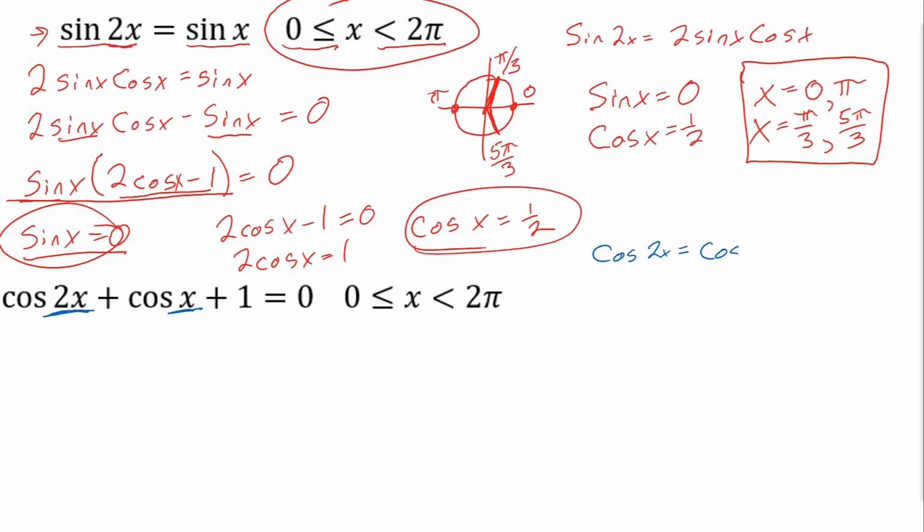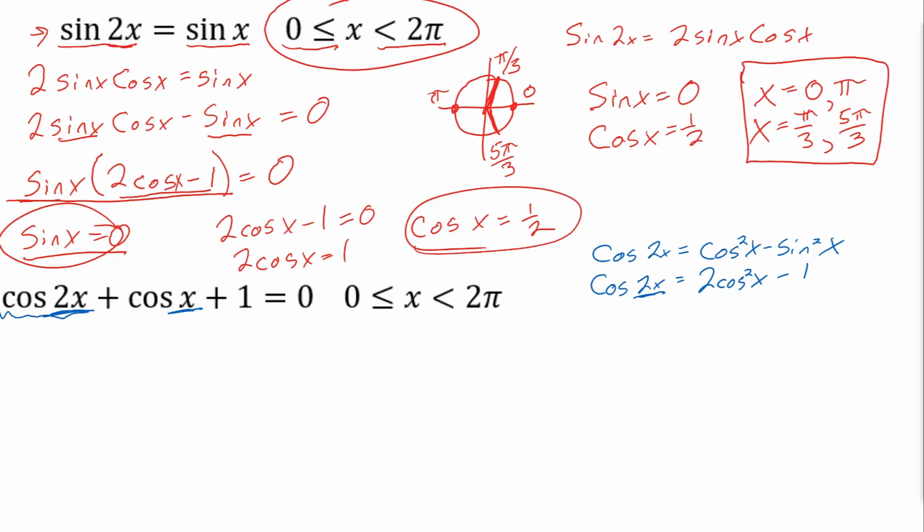So cosine 2x was that complicated one. It was cosine squared x minus sine squared x. But that would introduce a sine squared. I don't really want to get into anything extra. But it could also be written as 2 cosine squared x minus 1, couldn't it? And this would get rid of the sine x, it would get rid of the cosine 2x, and everything would be in terms of cosine of x.